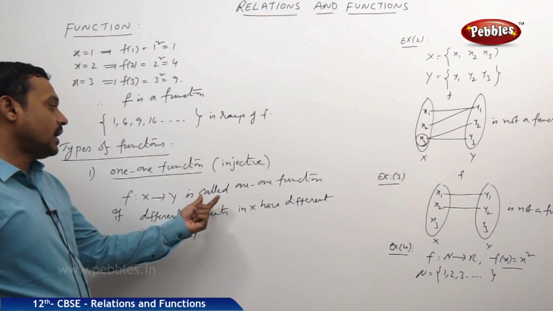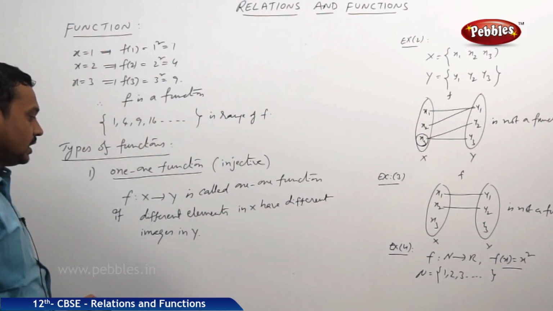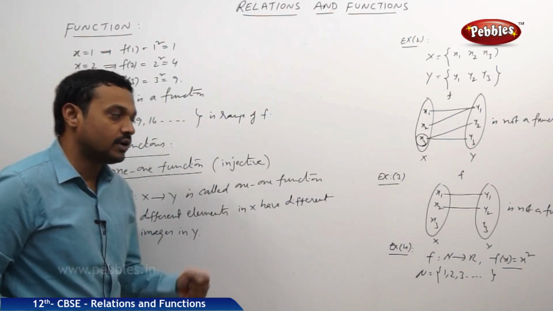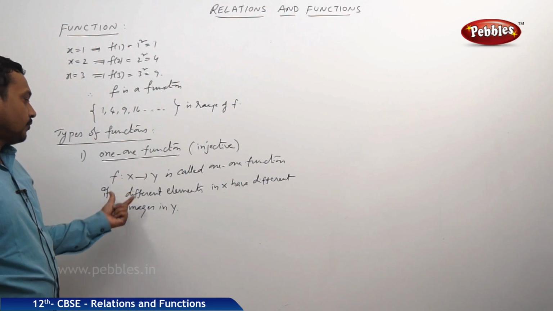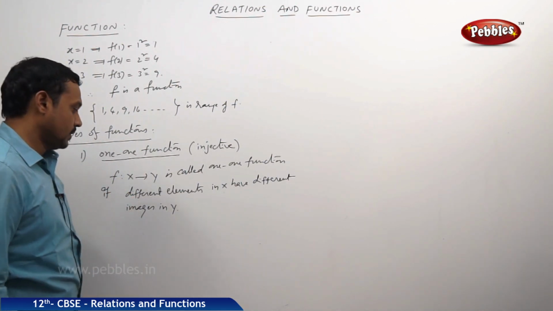See, different elements in x have different images in y. Then that kind of function f is called a one function.